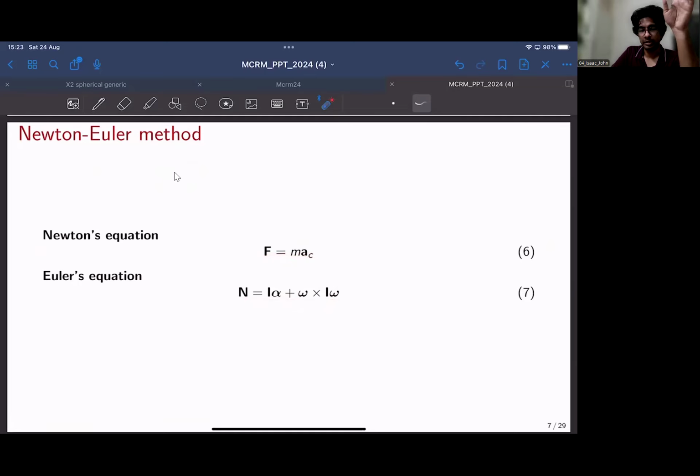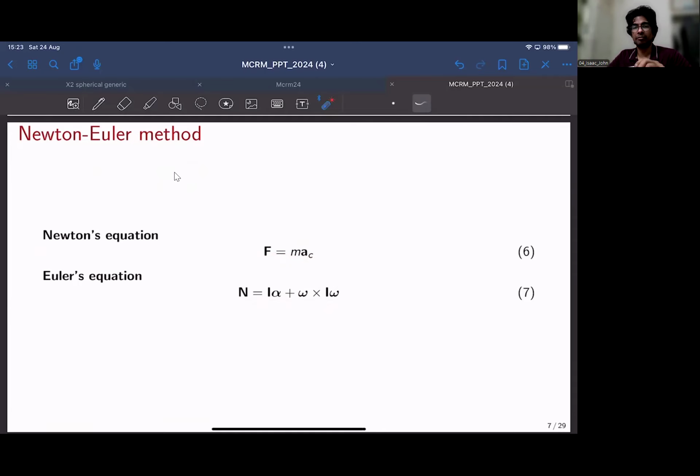And Newton's equation basically deals with the propagation of forces, and Euler's equation basically deals with the propagation of moments. So the reason that we are doing both Newton-Euler and Euler-Lagrange methods is that for smaller manipulators like the 2R manipulators, or maybe a few manipulators with fewer degrees of freedom, it would be very easy to formulate the dynamics equations of motion using Euler-Lagrange.